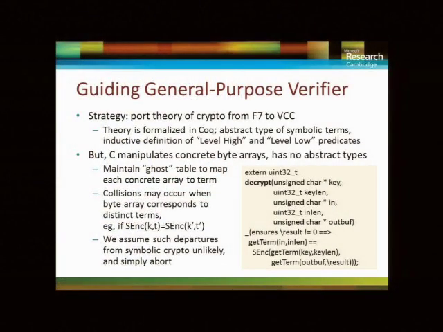We previously had a technique based on refinement types for reasoning about F-sharp programs, and refinement types are implemented in a type checker called F7. Our initial strategy was, well, let's just take this. It works fine for F-sharp. Let's recast it in the setting of C. We knew we were going to have to do a bit more work to handle memory safety, but otherwise it's still verifying the same properties of the F-sharp code.